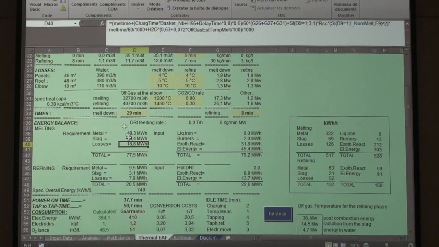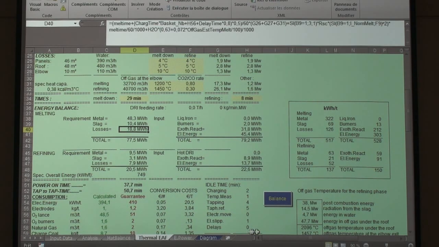Then the losses. Here, let's say the losses are time related. So I have the melting time first, charging time, the baskets, then H56, this is the electrode slipping, or let's say adjustment, plus the delays here.